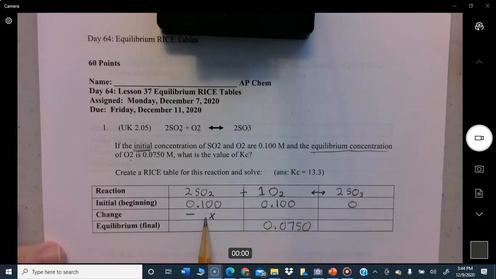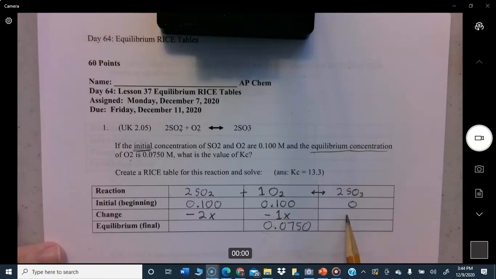And in front of x, you always put whatever the coefficient in front of that particular reactant is. This one's the same thing, it's minus x. And just to be consistent, at least at the beginning, I'll write the ones there. And this one is going to be 2x.